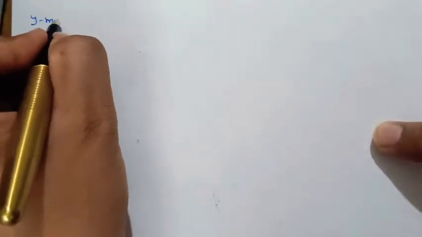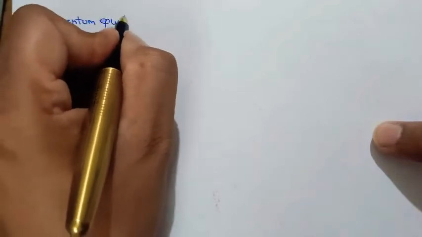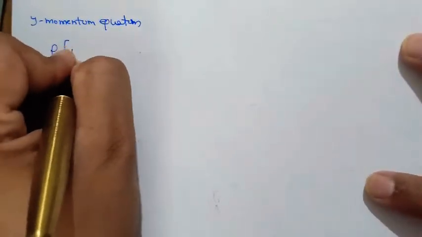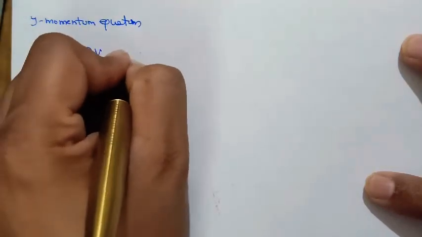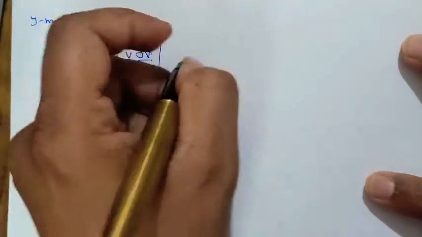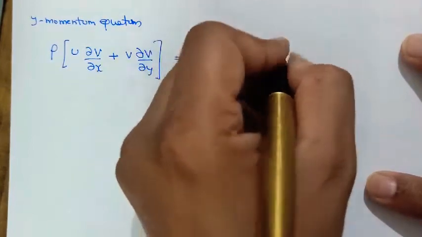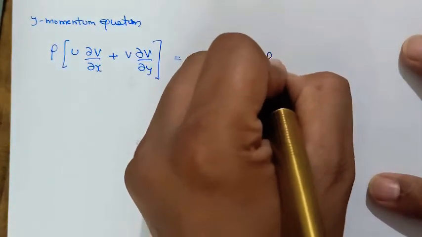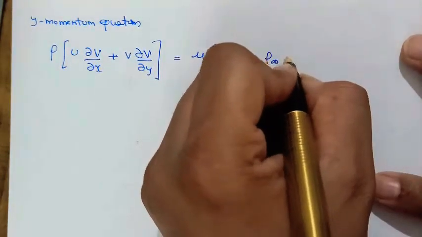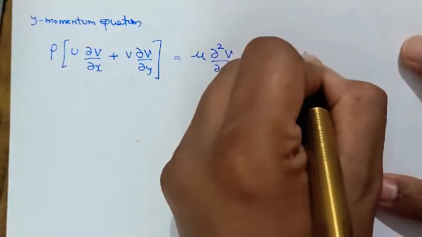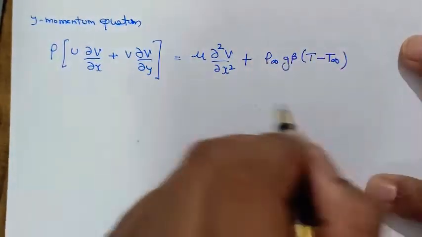let me write the y momentum equation now. So it will be rho u dv by dx plus v dv by dy as mu d square v by dx square plus we can write rho infinity g beta of T minus T infinity, right?